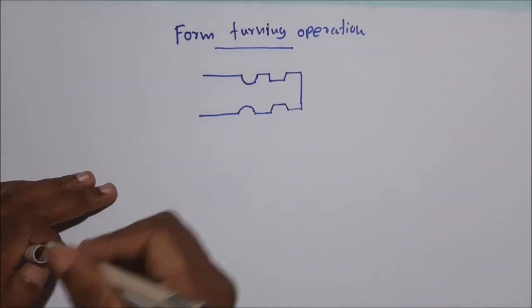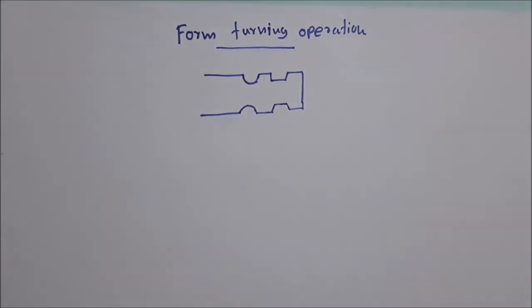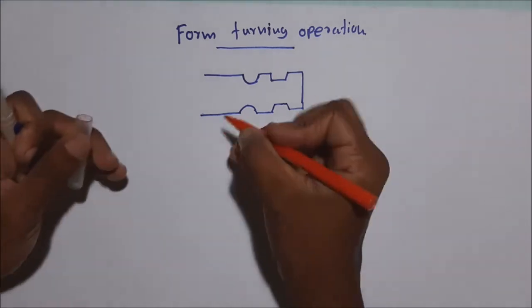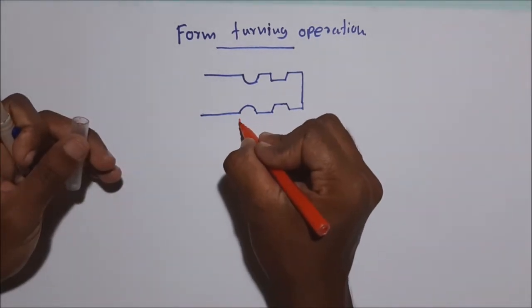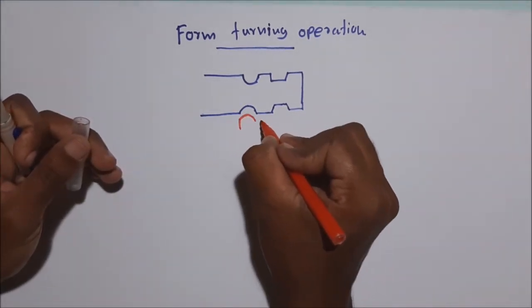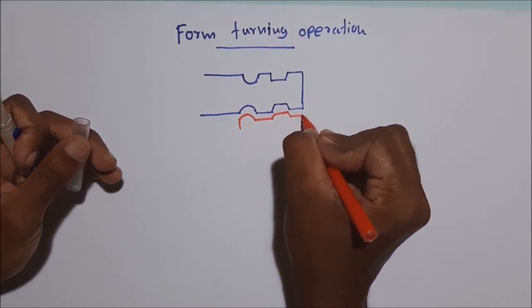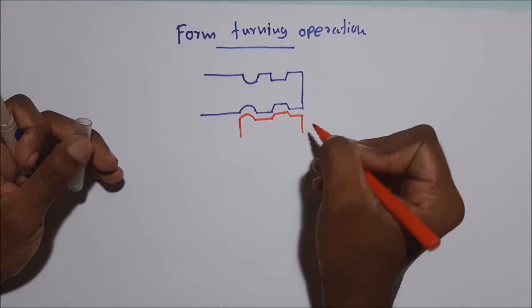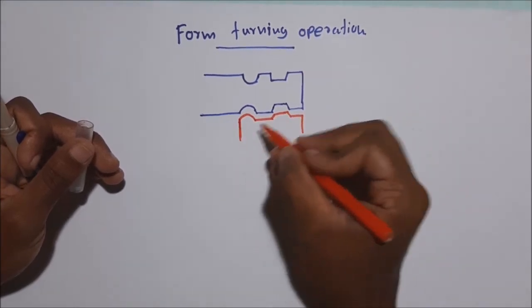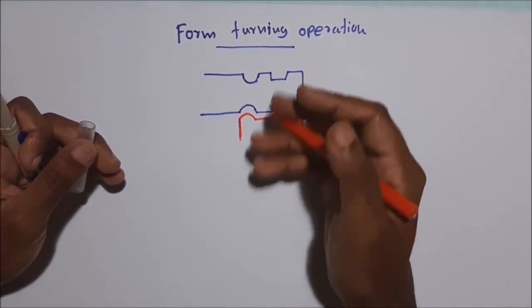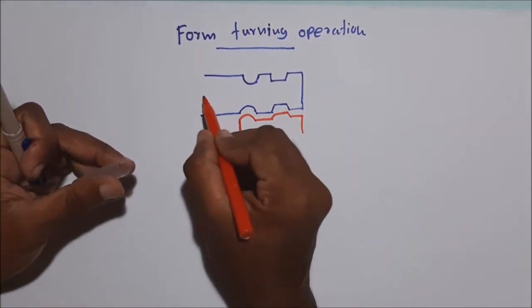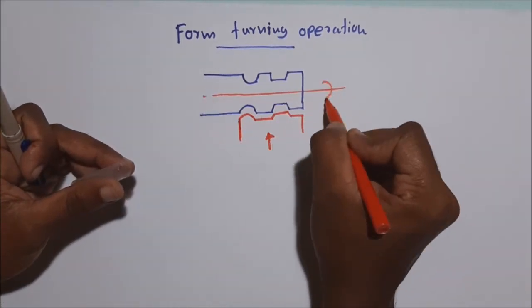If you can manufacture a tool having this kind of shape, the opposite shape of the surface pattern, then we can cut this entire geometry at once. We can cut by feeding the tool in this direction, and we can cut this shape.